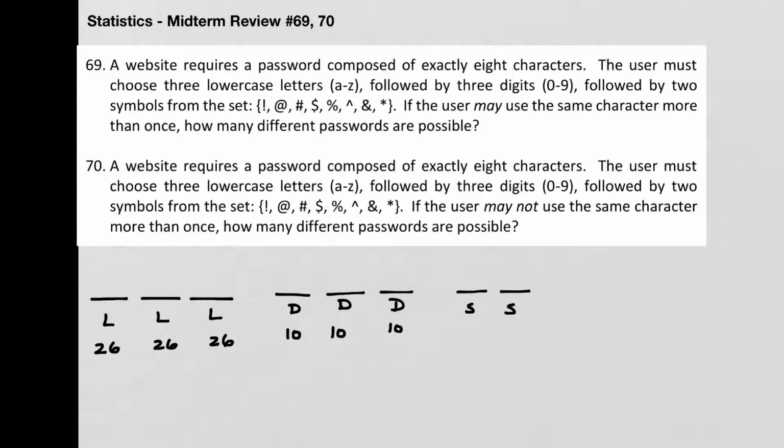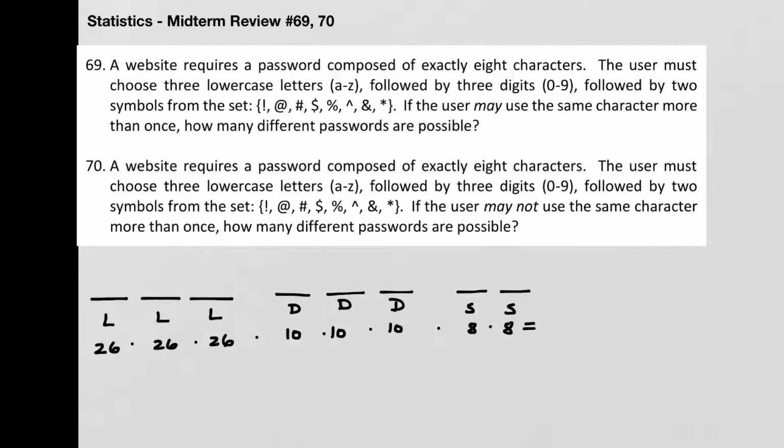And when I counted the list, there are 8 in that list. So what I'll do is I'll just multiply 26 times 26 times 26 times 10 times 10 times 10 times 8 times 8.